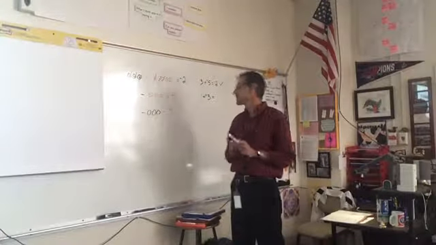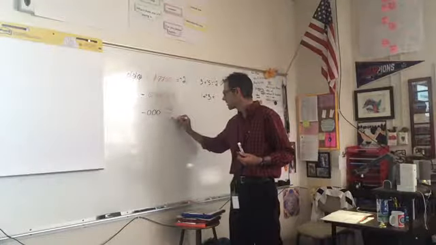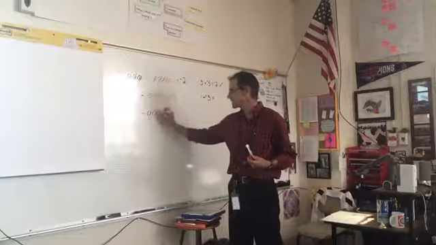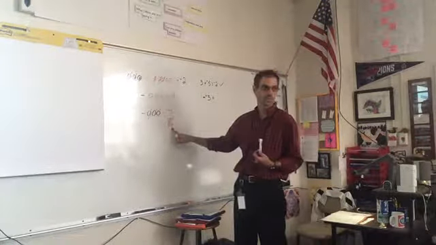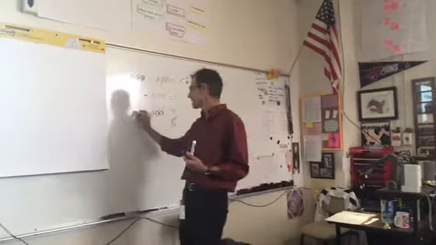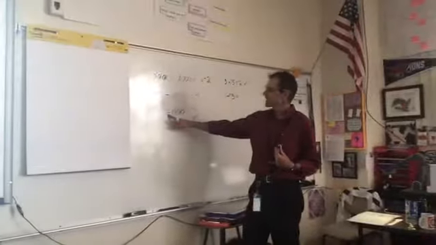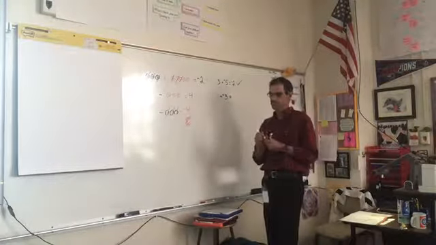So here I would have 4 negatives. If I cancel these out, 3 and 3, what am I left with? 1. So over here, negative 1 minus positive 3 equals negative 4.